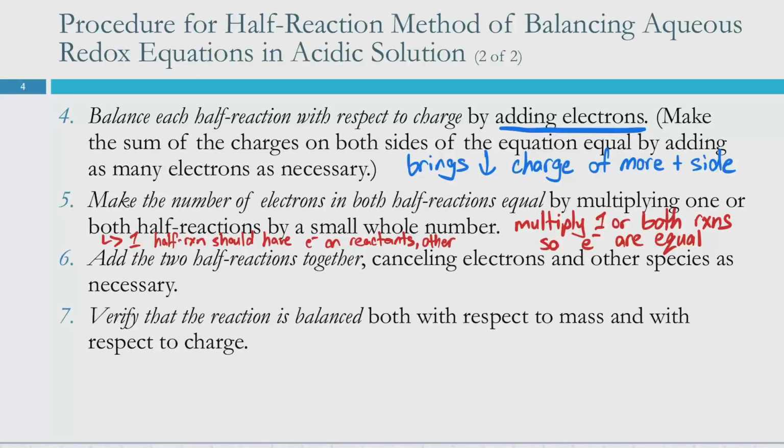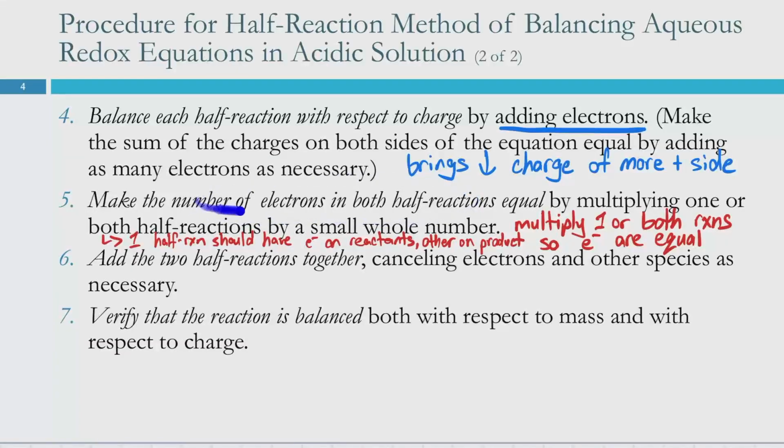The other should be on the products side. If that's not the case, something went wrong. So that's a way that we can potentially check that we did things correctly, or at least look for a possible mistake.